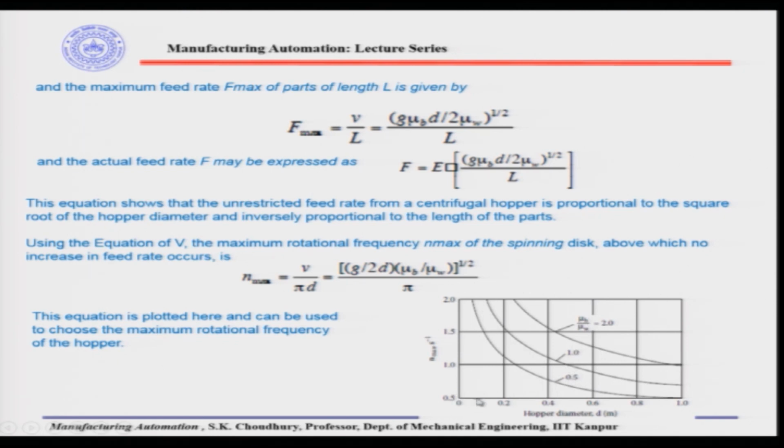If we increase the hopper diameter, n max actually decreases. This can be used to choose the maximum rotational frequency. So, if you have a maximum rotational frequency, you know what hopper diameter you have to select for a particular ratio of mu b and mu w. This is kind of a calibration curve, so that depending on the maximum rotational frequency you can select the hopper diameter.